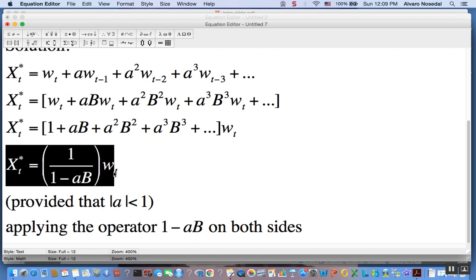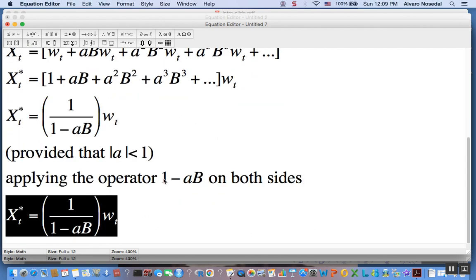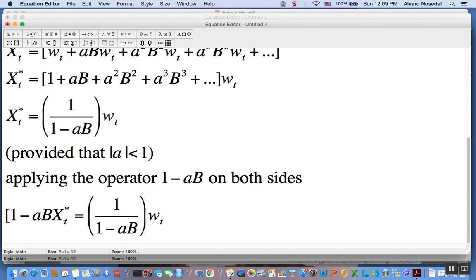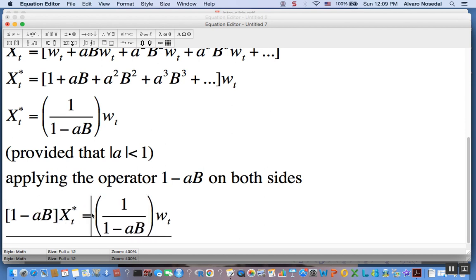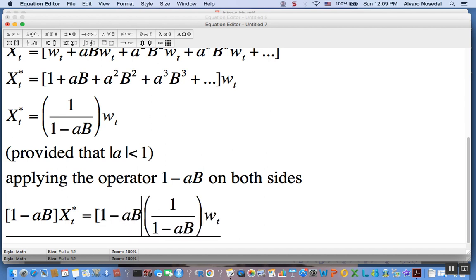Let me just copy paste this and do that. Let me pre-multiply by that guy, 1 minus AB. I'm going to be doing that same thing here, 1 minus AB. Got it?